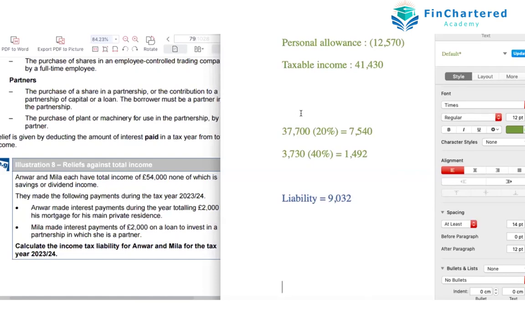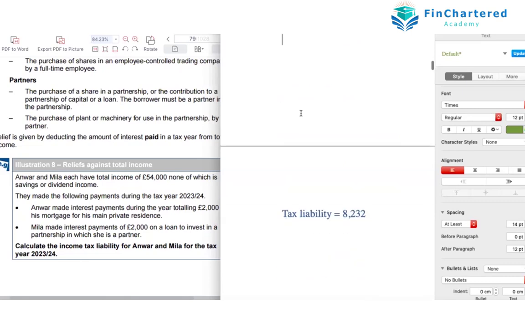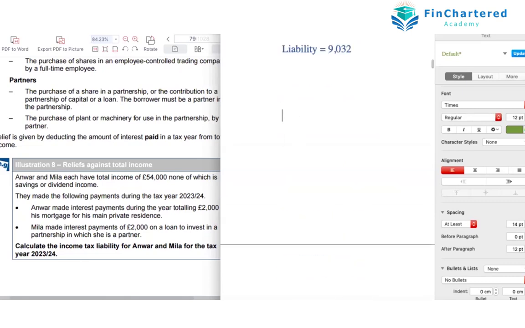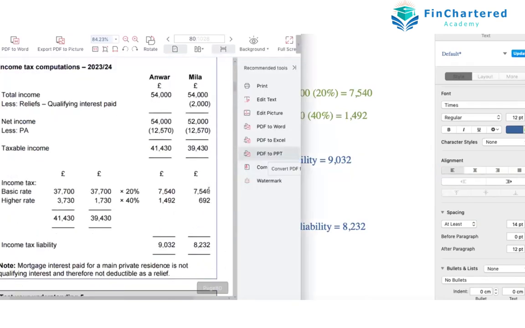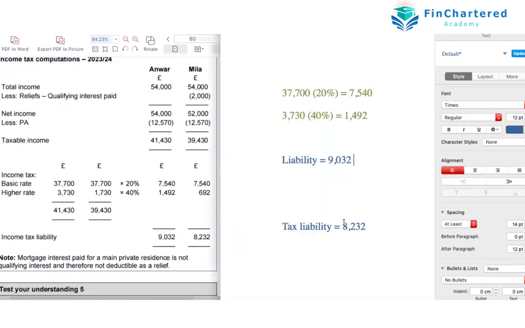So Mila is a smart lady who is paying less tax than Anwar, even though she earns the same amount and pays the same amount of interest. And is our answer right? That is the most important question. 9,032 and 8,232. Right? With which we are sorted.